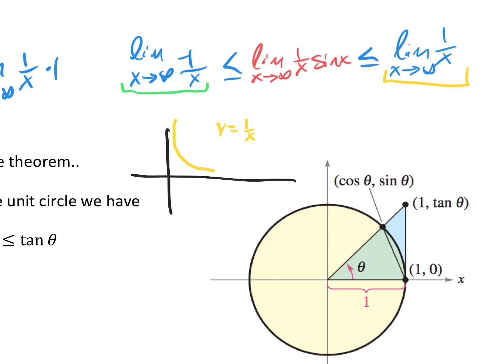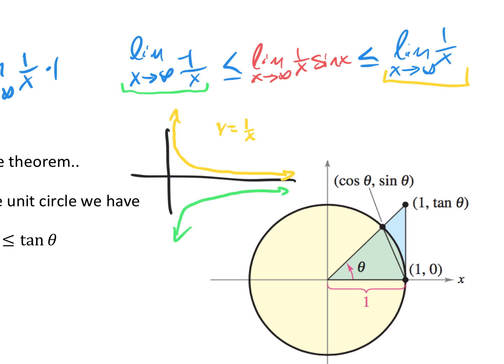We're familiar with what that looks like, hopefully. It's going to 0 as x goes to infinity from the top. Okay, and this negative 1 over x, well, that's just going to flip this around. And so that's going to 0 as well from the bottom.